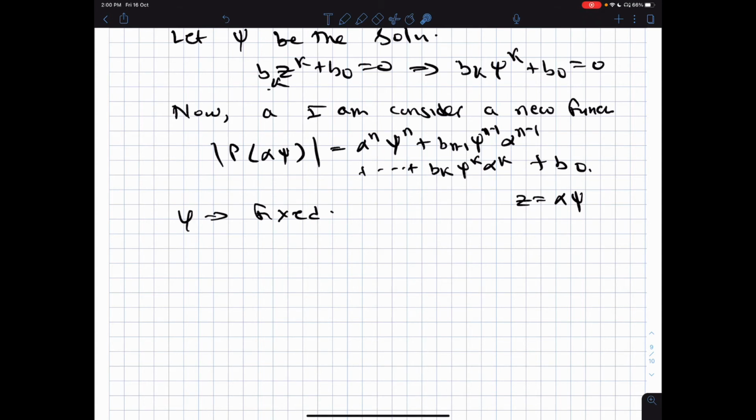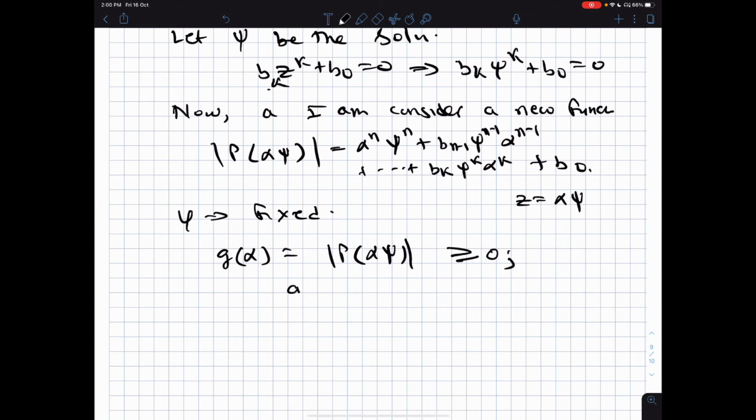And this polynomial I can always say, let me call this g of alpha, which is defined as modulus of p of alpha times psi. And so I can always say that this is greater than or equal to 0. Okay.